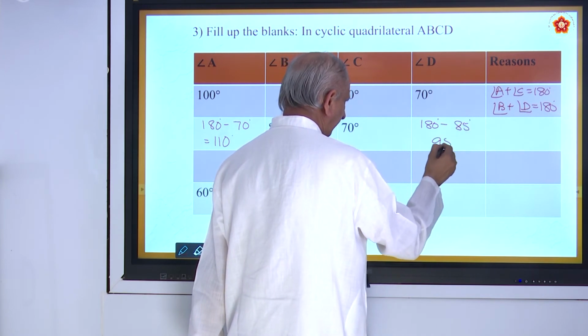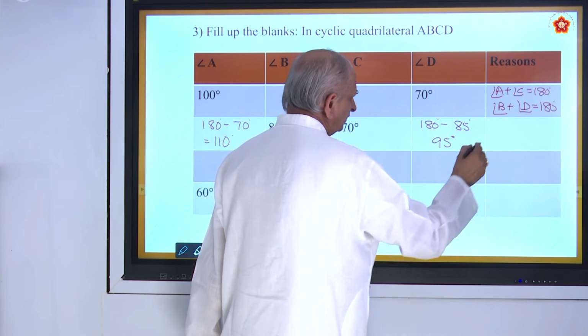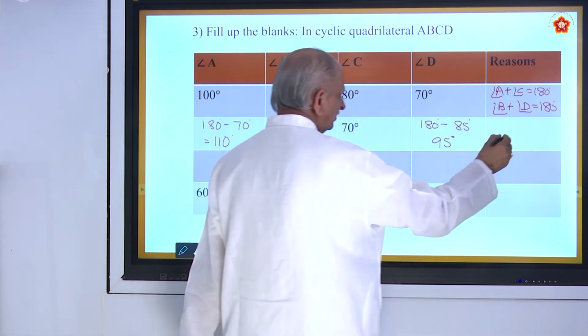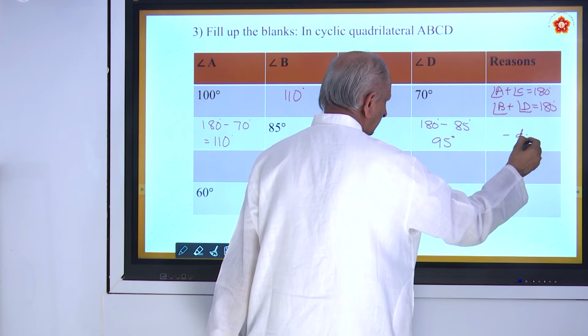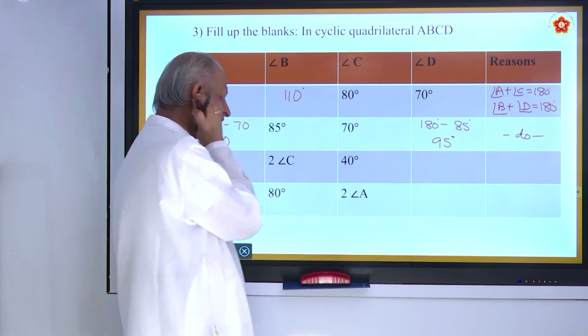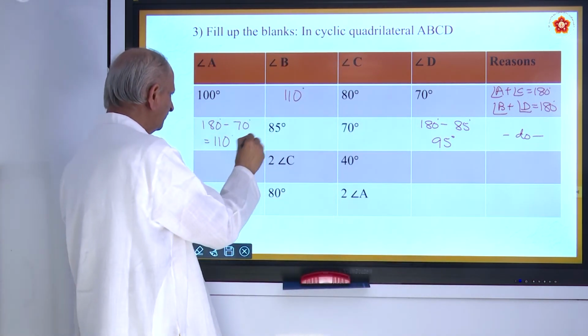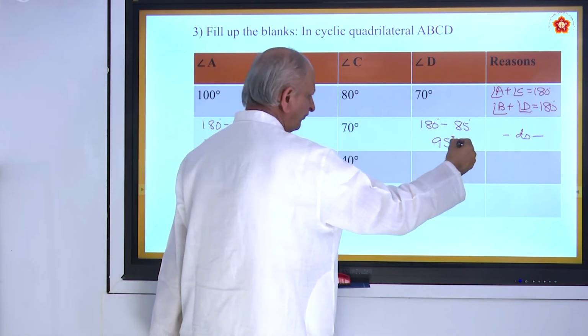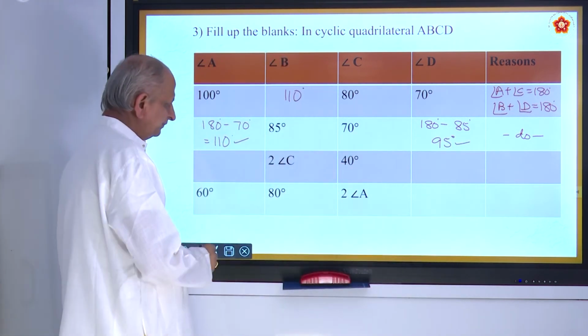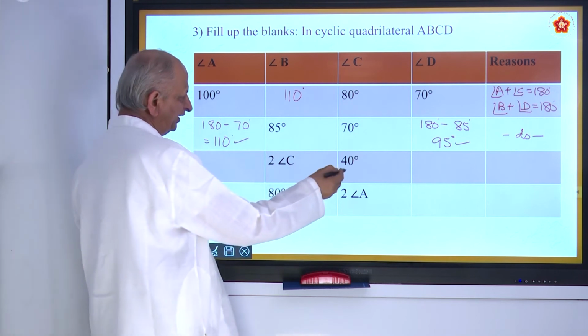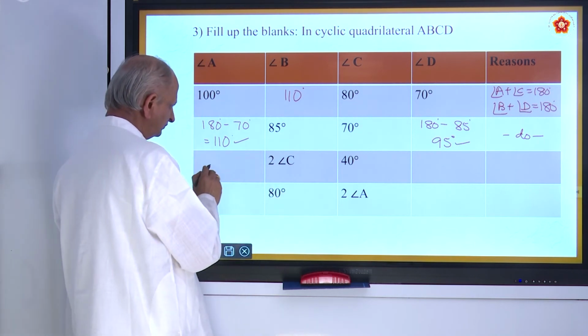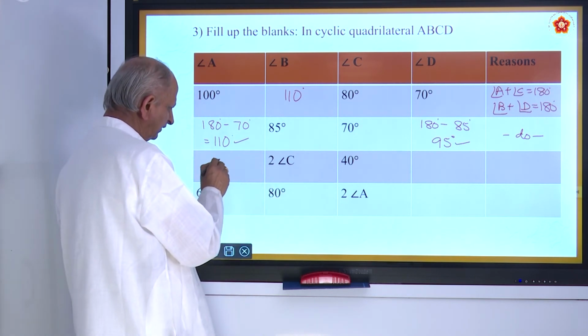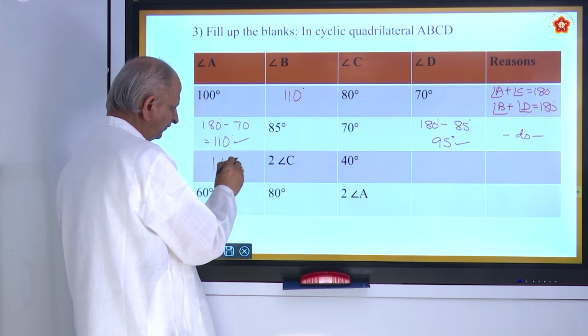That is 95. Because opposite angles are supplementary, same reason, by theorem. So this angle is 110, this angle is 95. Come on. Here C is given 40. What is A? 180 minus 40. That is 140.